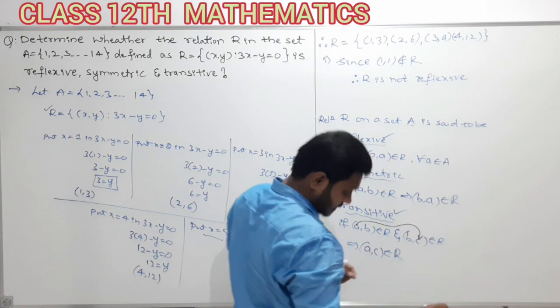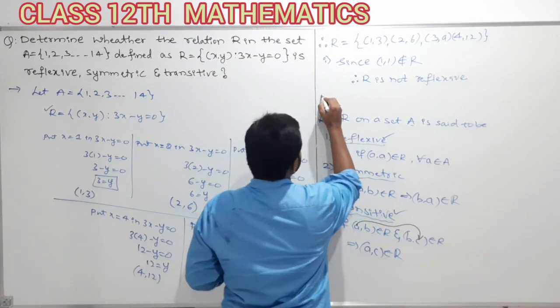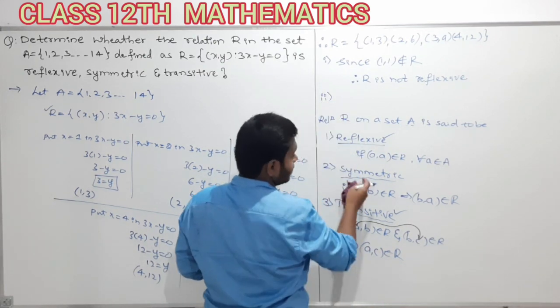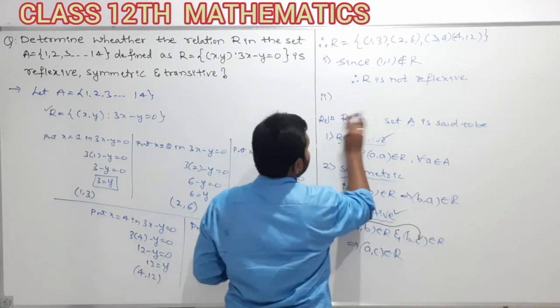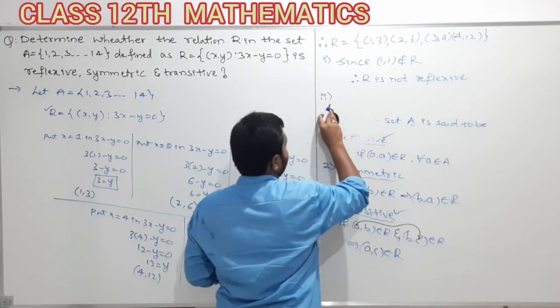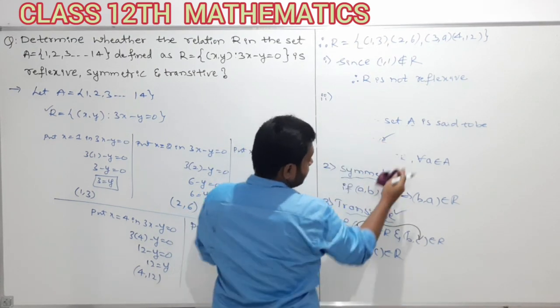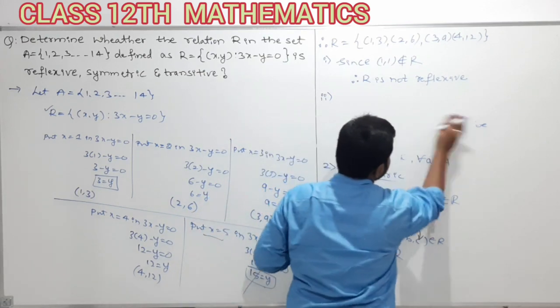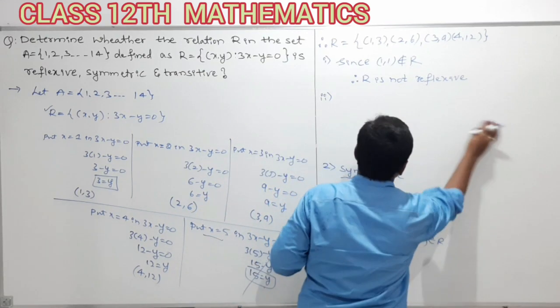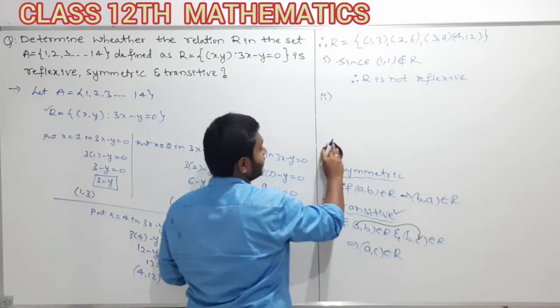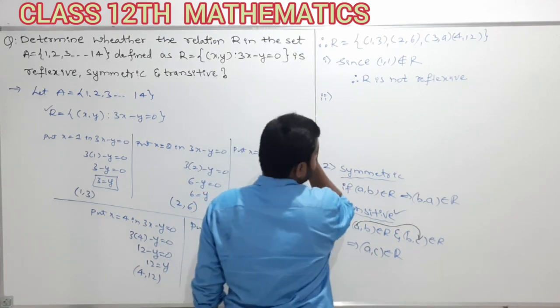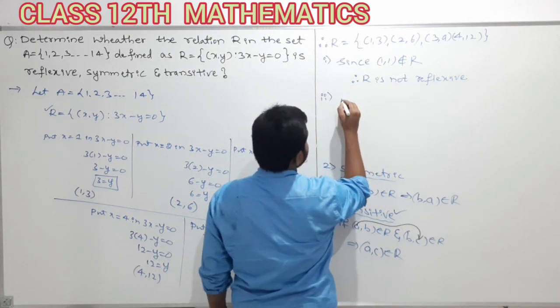Now next, my dear students, the second one. The second case is symmetric. Symmetric means, as I told, if any ordered pair is there, then if you interchange the elements of the ordered pair, that reverse pair should be contained in the relation. Let us check. 1, 3 is there.